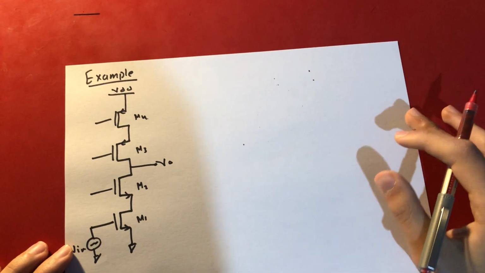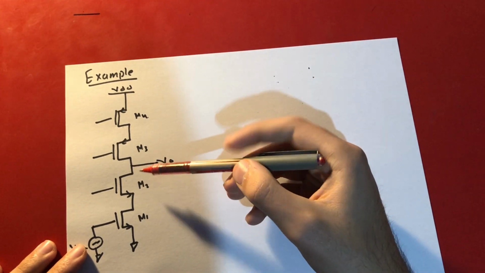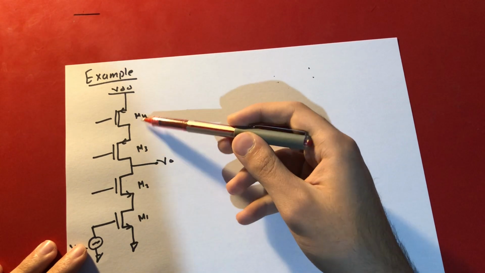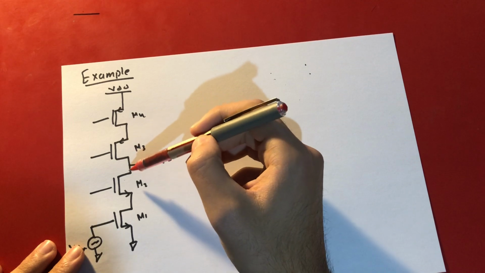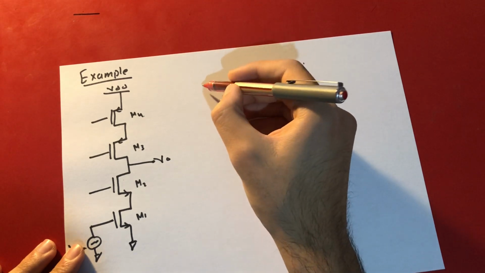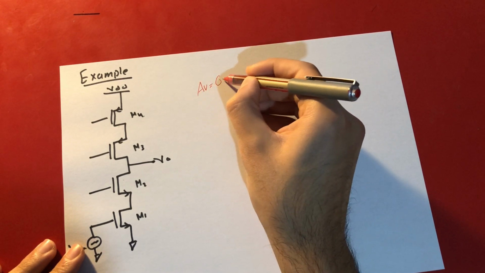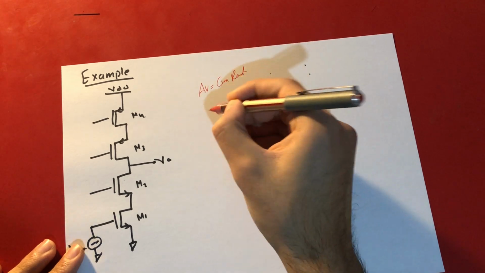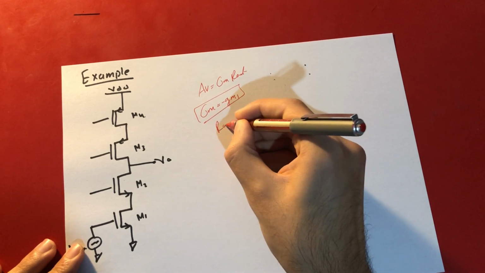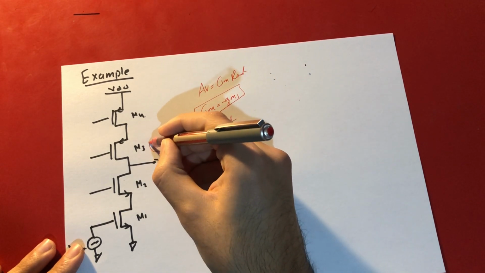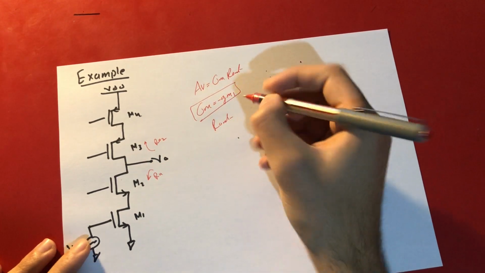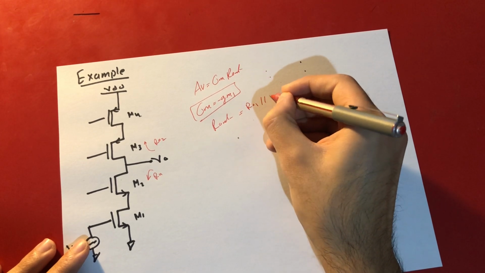Now, the last example here, we have two PMOS and two NMOS MOSFETs. Now this is the cascode, right? This one is the cascoding MOSFET. The same thing, AV is equal to minus GM1 times R out. For R out, we can look from either side, RO1, RO2. So RO1 is parallel with RO2.